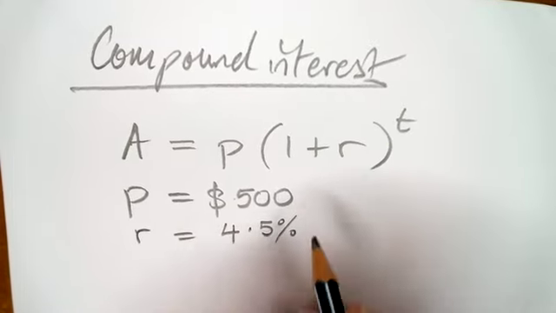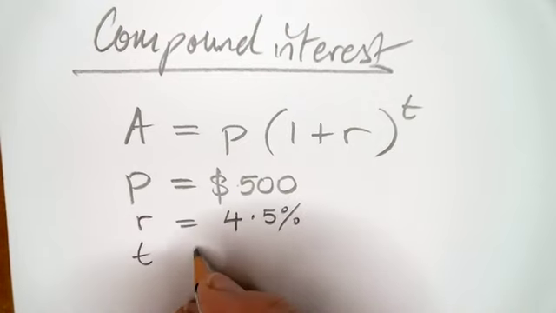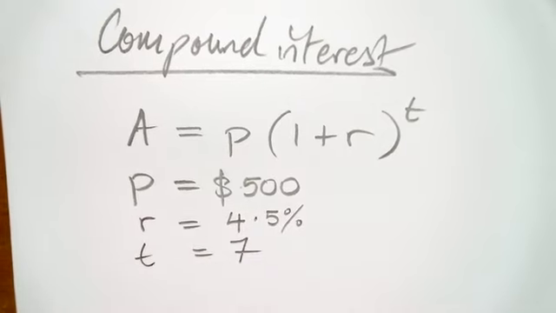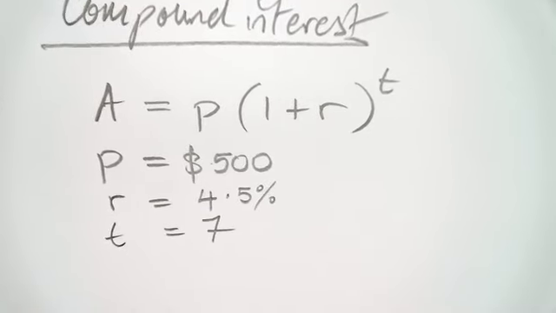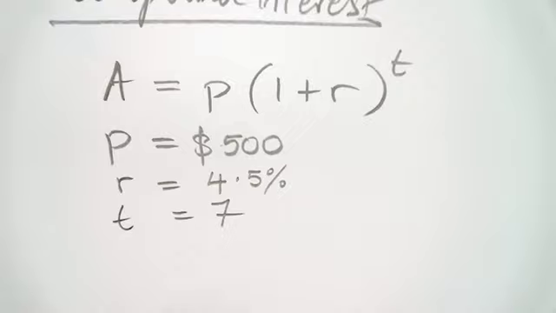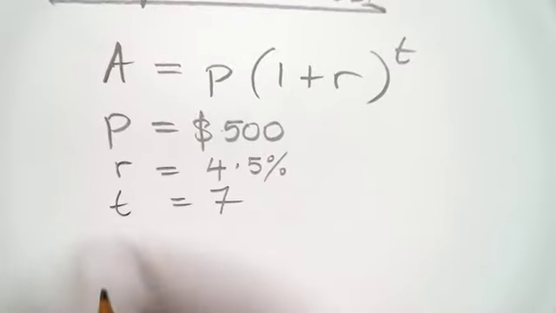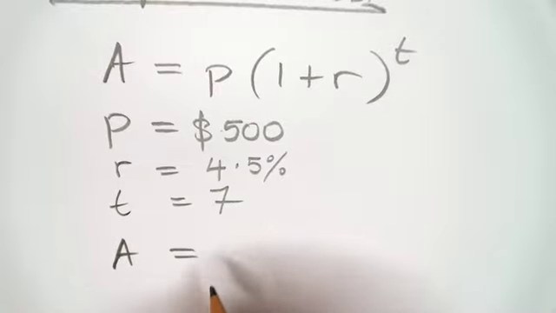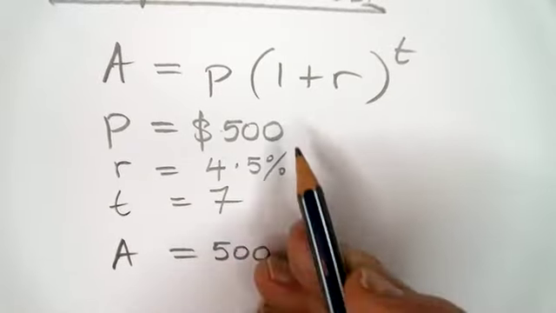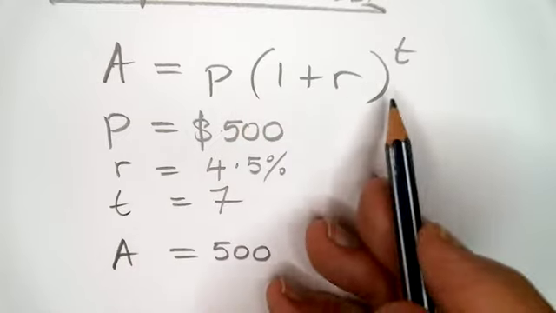And we're investing it for a time period of, let's say, 7 years or 7 months, or whatever period of time this is. So let's now populate the equation with our information, and we have to do this in a very special way. The most important bit of this is as we put everything in, as needed by the equation.